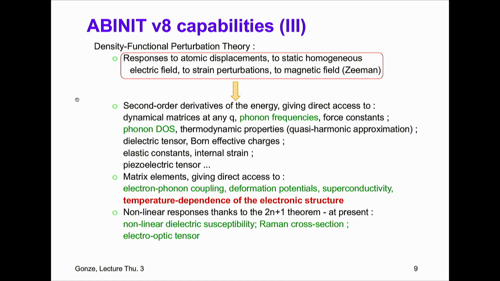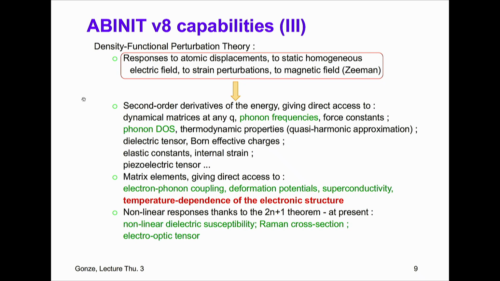Okay, one strength of ABINIT, which is also a strength in Quantum-Espresso, of course, is density functional perturbation theory. Responses to atomic displacement, static homogeneous electric field, but also, and this is quite unique for ABINIT, to strain perturbations, and very recently to magnetic field perturbation in the Zeeman sense, the part of the magnetic field that couples to the spin.